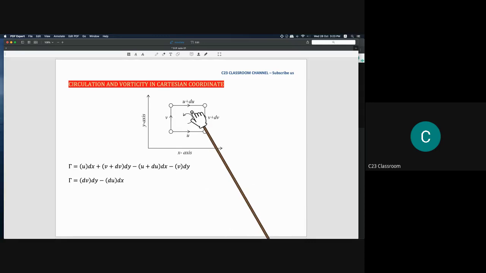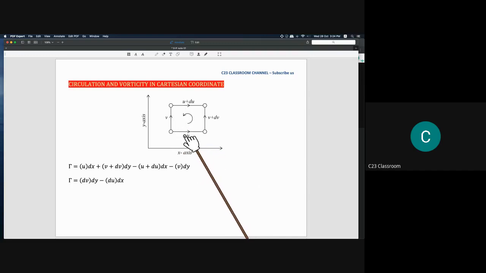This is actually the idea when we have a lot of molecules. We just assume that one molecule travels from here to here, then goes up, goes left, and then goes back to its location. Because it moved in one circle, we assume that the motion of this fluid has circulation.